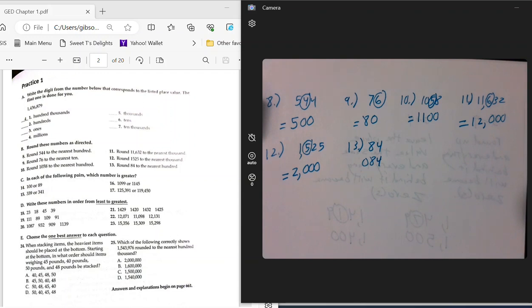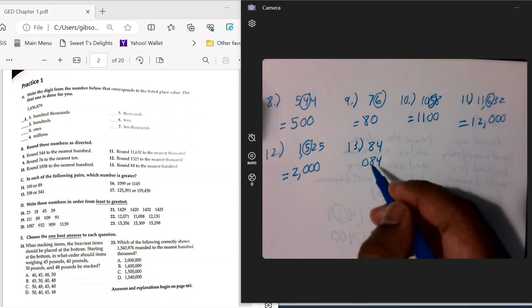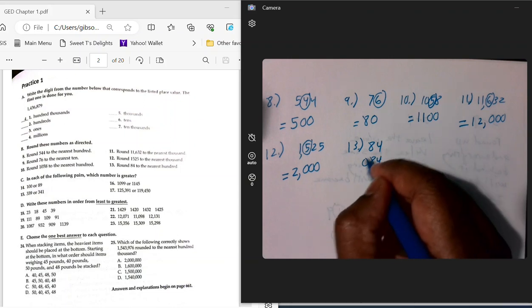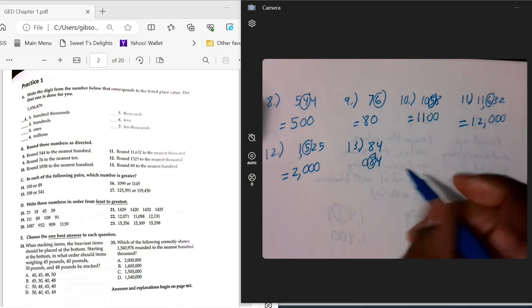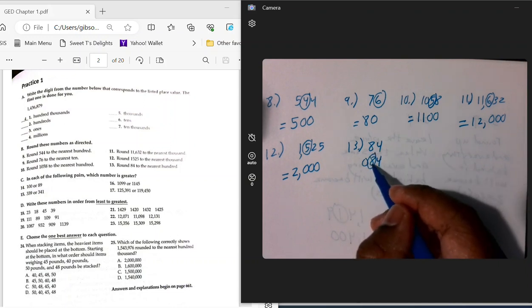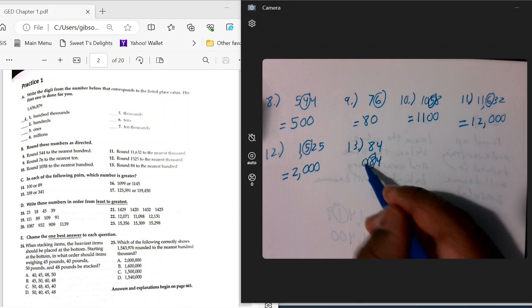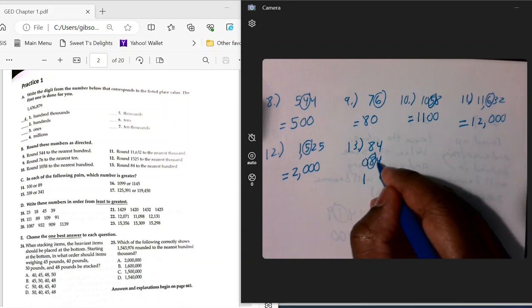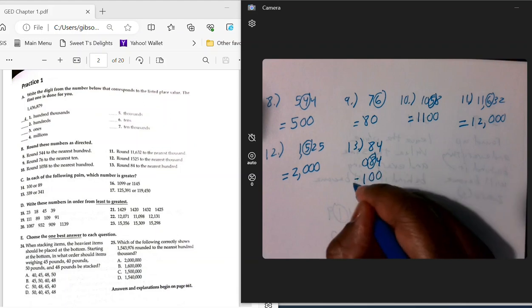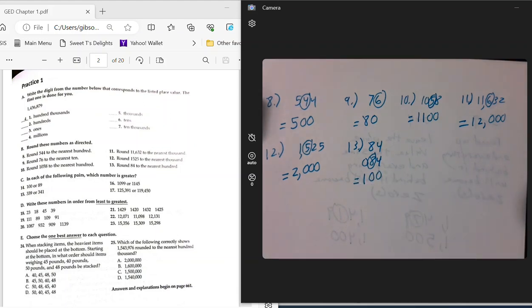Now, we typically don't write math like that, but you have to get that in your mind when they're asking you to round to a place value that you do not see. So if they're asking you to round to the hundreds place, you will go to the digit directly to the right of the 0, which is 8. And then that falls in between 5 through 9, so this 0 becomes a 1. And in 84, the 8 and 4 both become 0. So 84 rounds to 100.